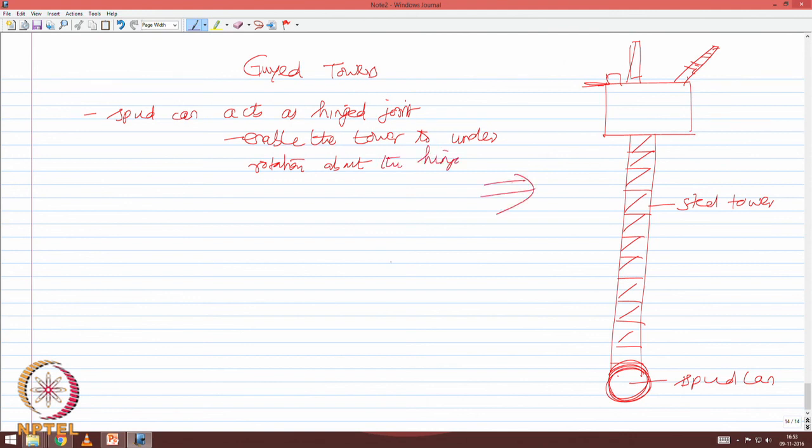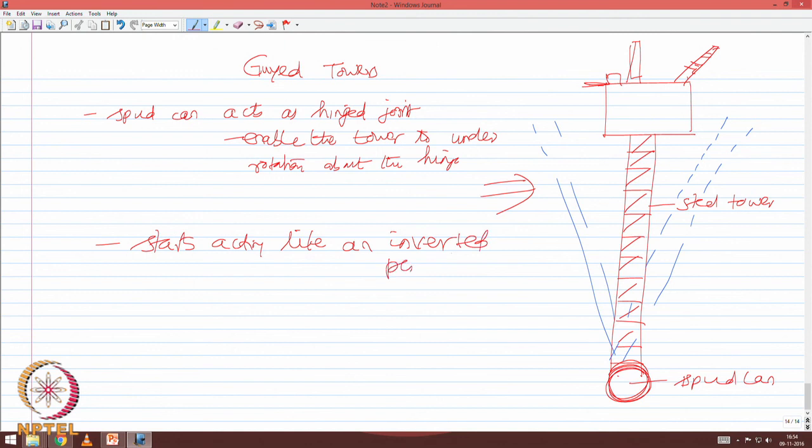So, under wave action the platform will get rotated. So, the platform starts acting like an inverted pendulum. So, this rotation enables the platform to counteract the wave loads.